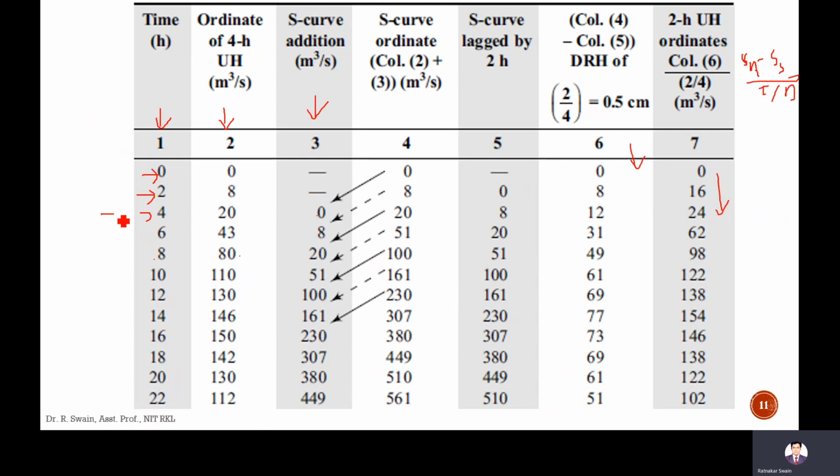If you consider a 4-hour duration gap, 4, 8, 12, 16: it is 0 at 4 hour, 20 at 8 hour, then 20 plus 80, 100.